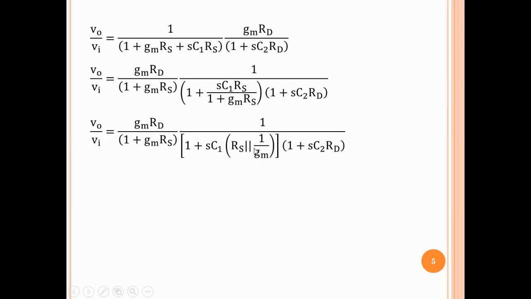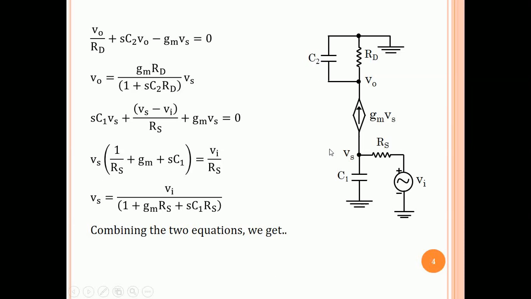So this directly tells us that the resistance seen by C1 is Rs parallel 1 by GM, and the resistance seen by C2 is Rd. Let us go back and look.